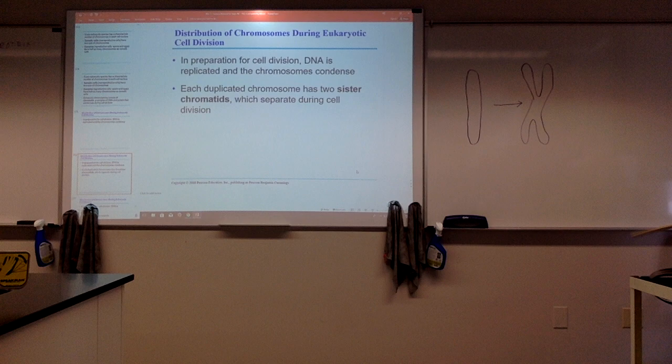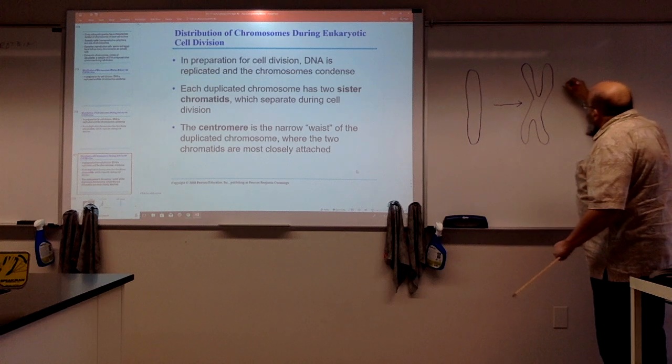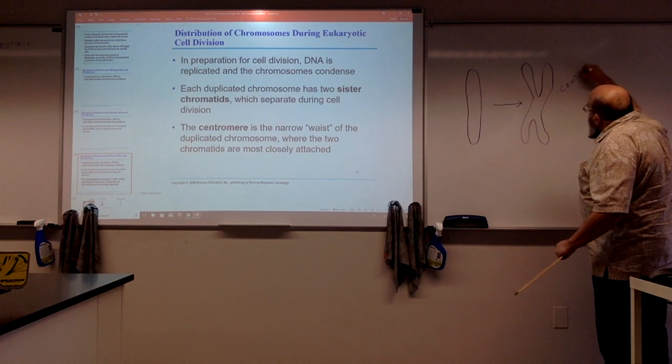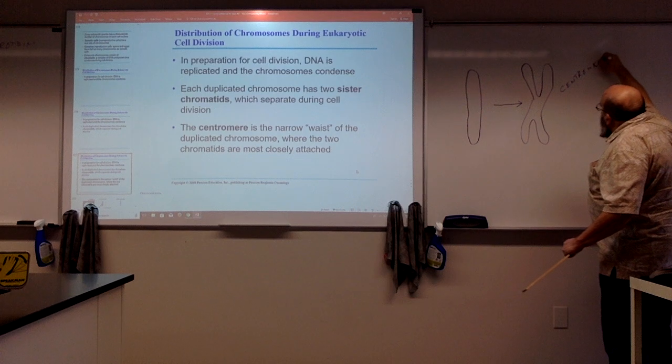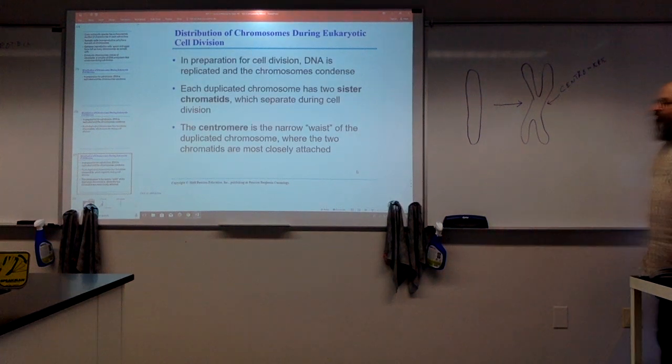How many chromosomes is this? Still 1, because it is attached at the centromere. The centromere is the narrow waist of the duplicated chromosome, and that's where the 2 chromatids are closely attached.